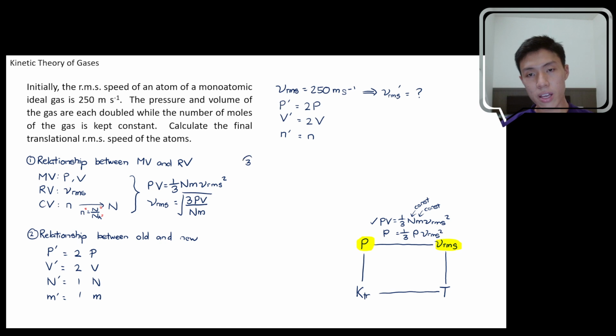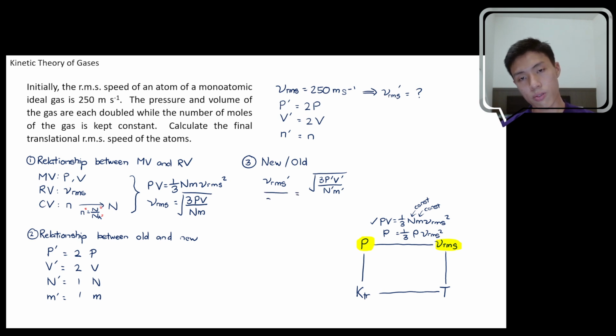Once we are done with that, we can proceed to do the last step, which is taking the new divided by the old. So we are going to take VRMS, the equation that we have, in the new version, so it's the square root of 3PV over NM, divided by the old version.